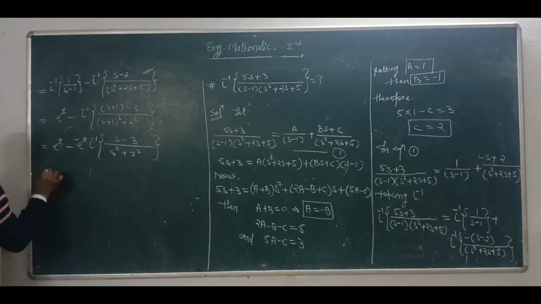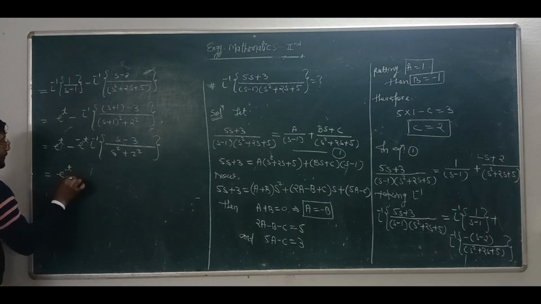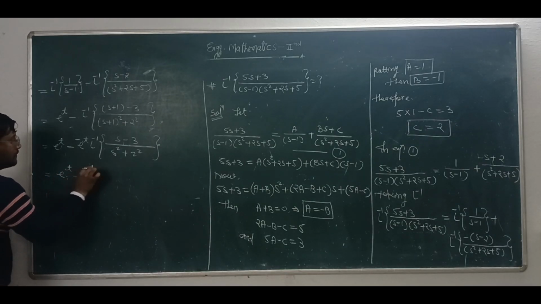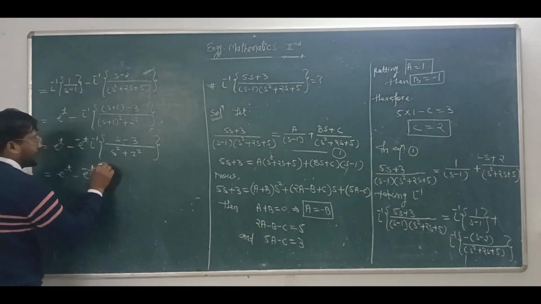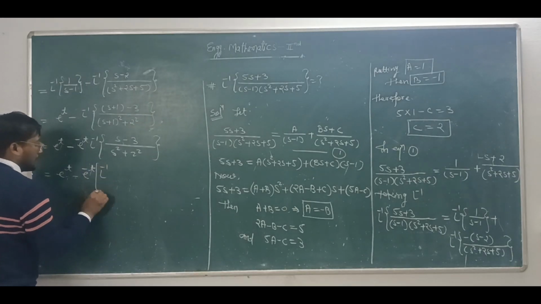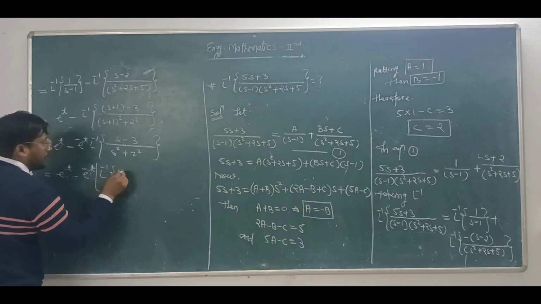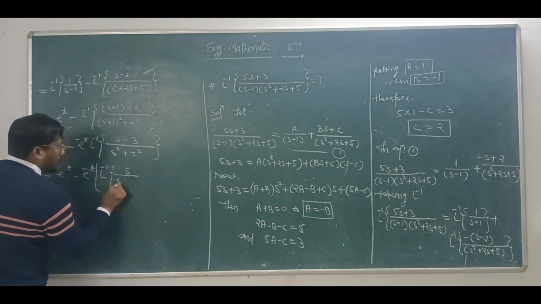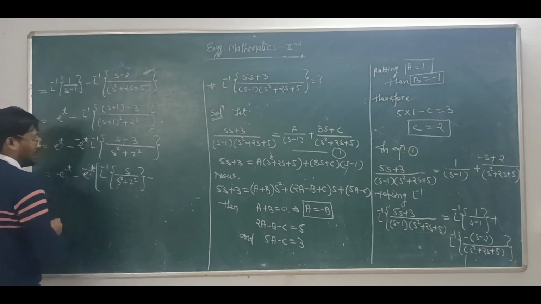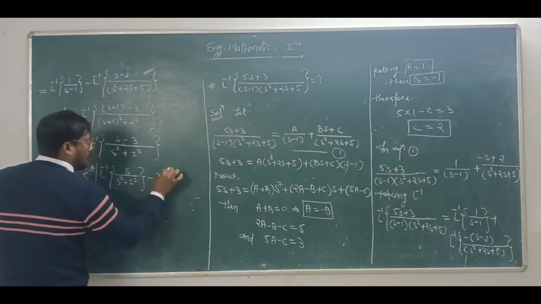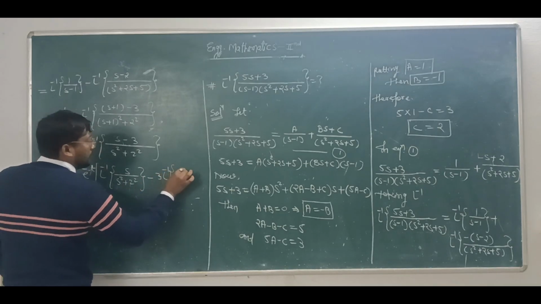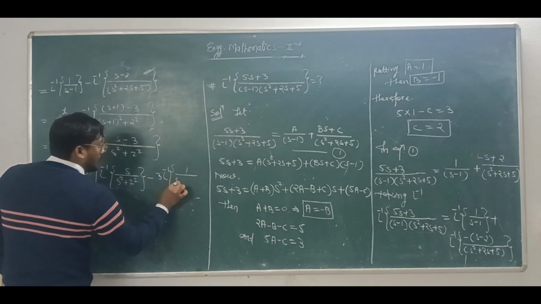Now break this function: e to the power t minus e to the power minus t times L inverse of s upon (s square plus 2 square) minus 3 L inverse of 1 upon (s square plus 2 square).